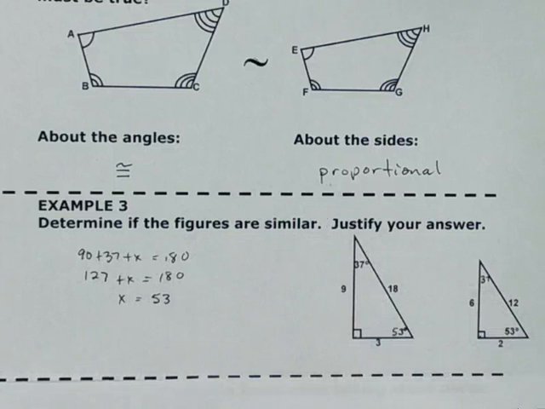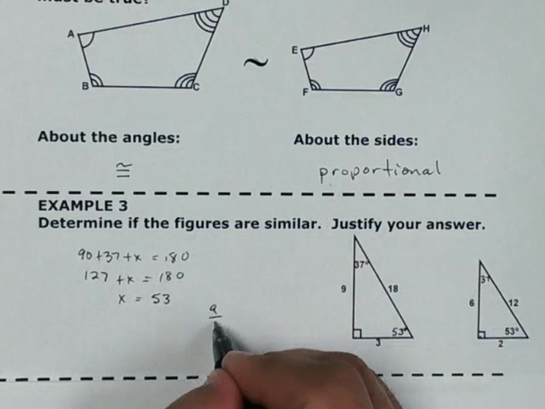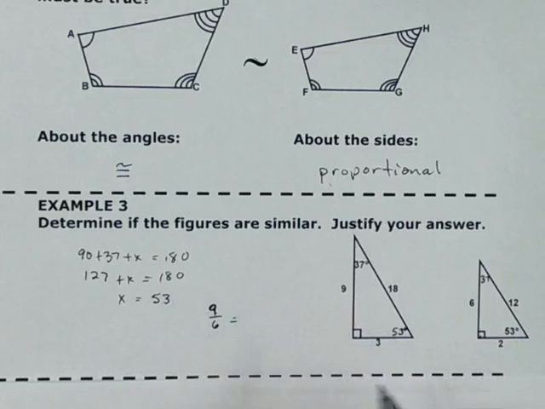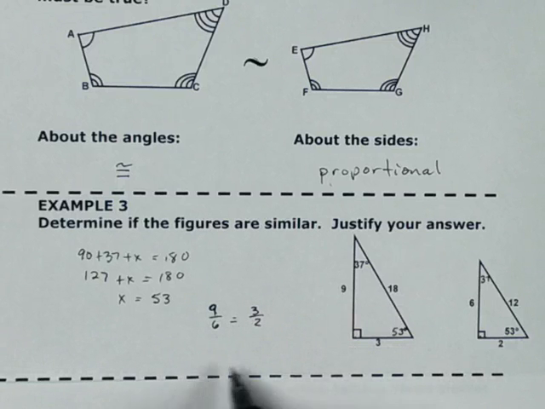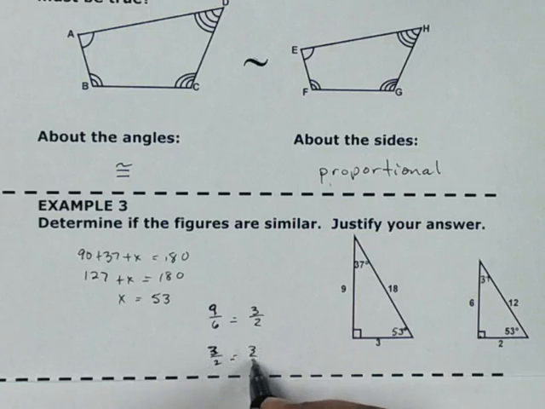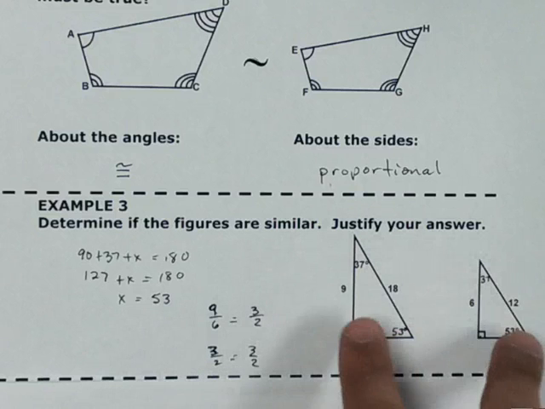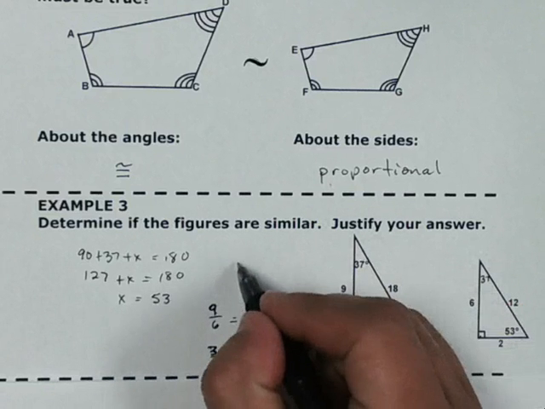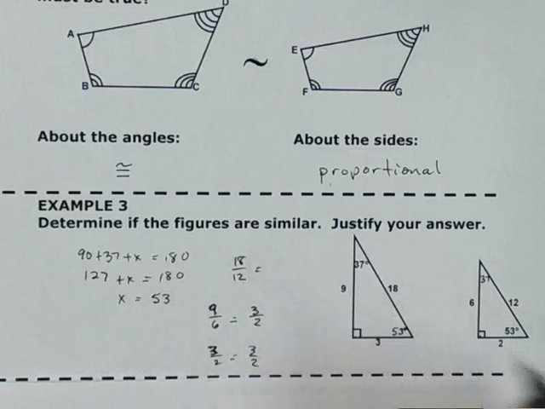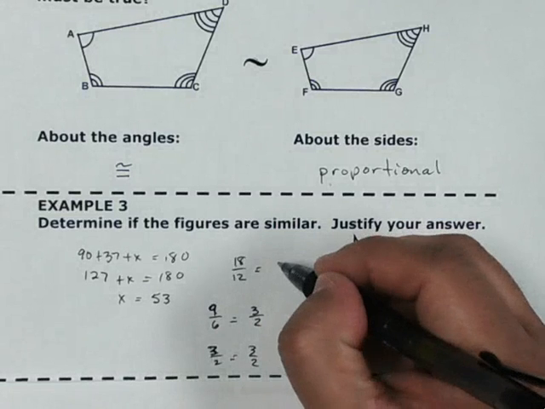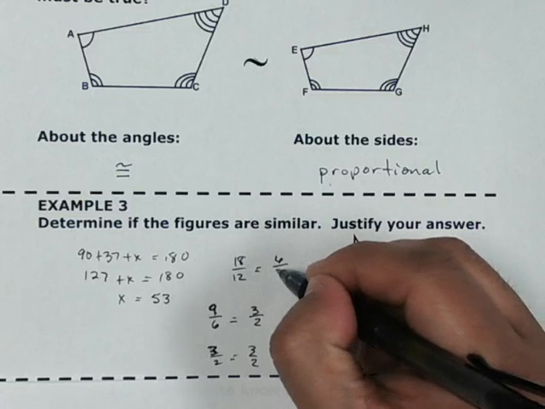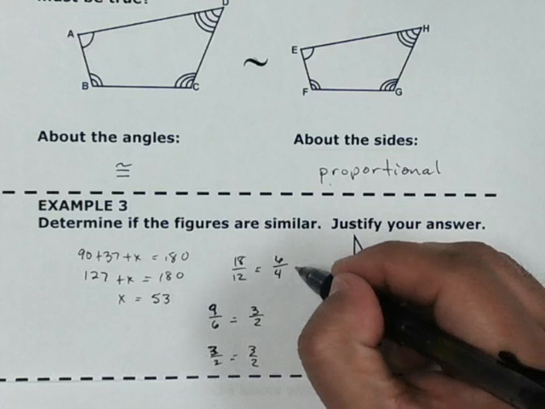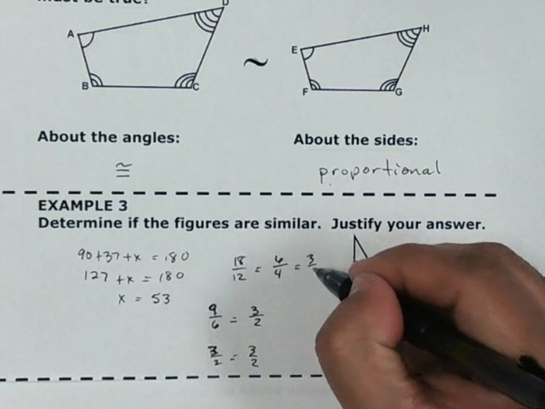Now I have to see if the sides are proportional. I look at the ratio of 9 to 6. I'm going to reduce that, which gives me 3 halves. Then if I look at these two sides, 3 over 2 is 3 over 2. Then I'll look at the hypotenuses. If I have 18 over 12 and I reduce that, that gives me 6 over 4 if I factor out 3, and if I divide by 2, that gives me 3 halves.